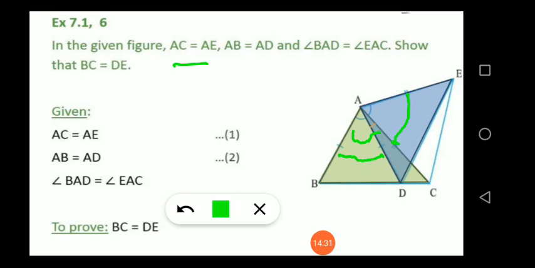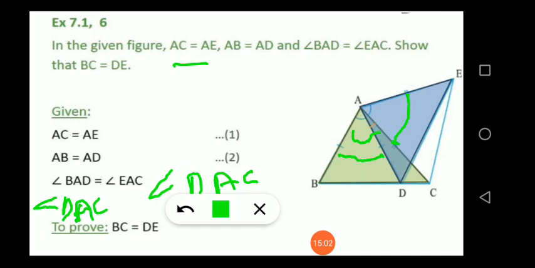So here in angle BAD, if we add angle DAC, it becomes BAC. And same way, on the right hand side also, if we add angle DAC, it becomes angle DAE.